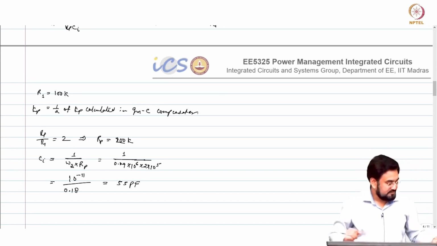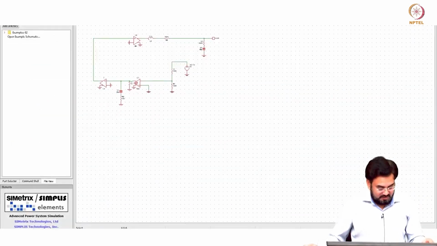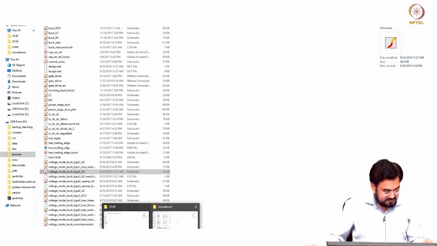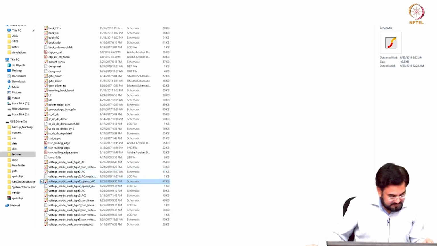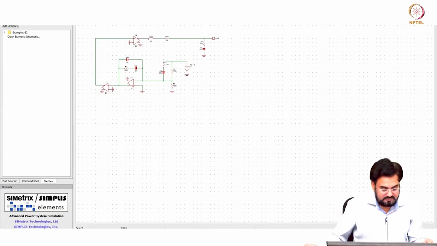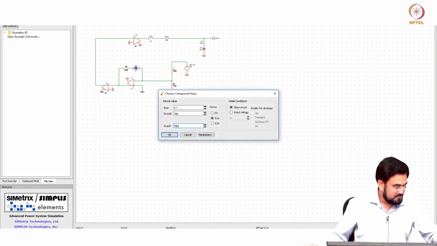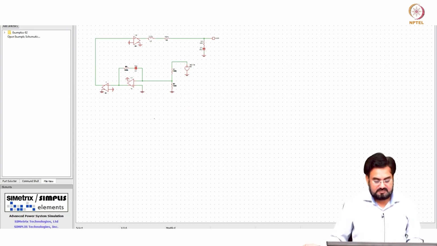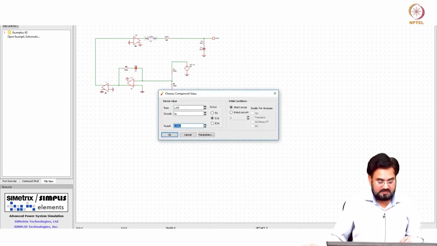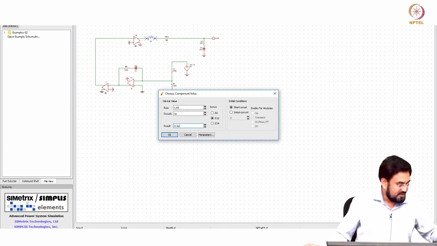Okay. So let us convert it to op amp RC. I will remove this. 3.3 microhenry.